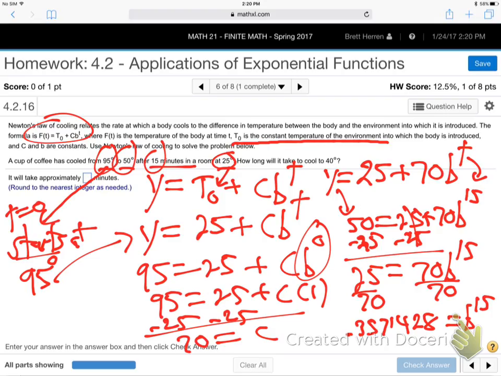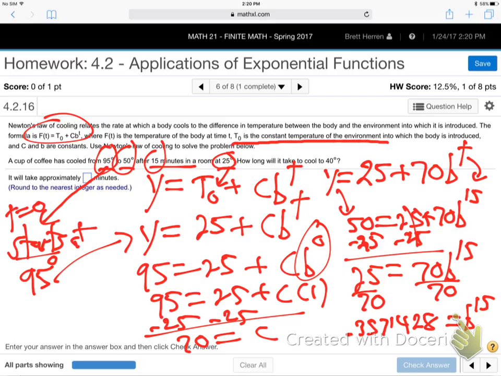How do we get B? Raise both sides to the 1/15th power. Right? Then we'll have B. Then we can try to answer the final question. These are a lot of work, aren't they?